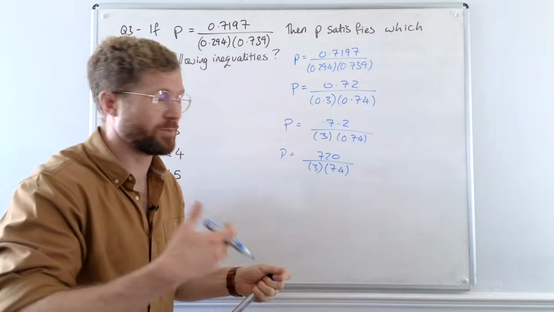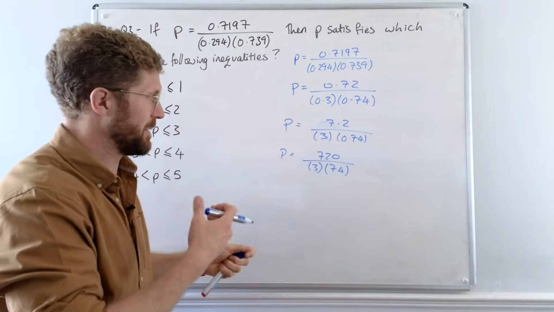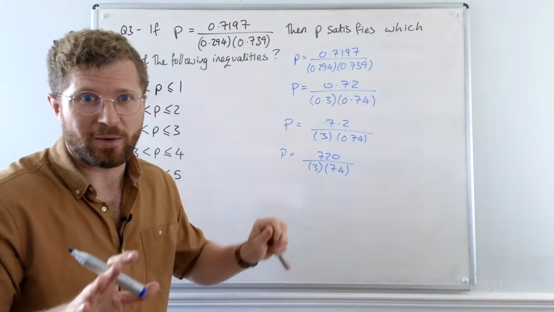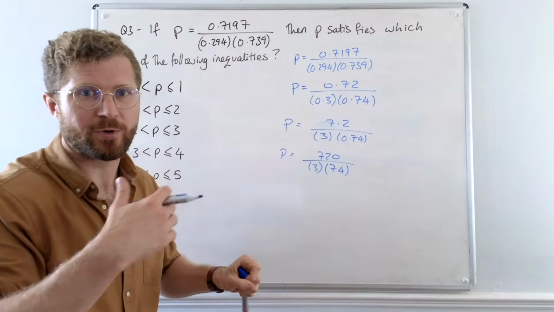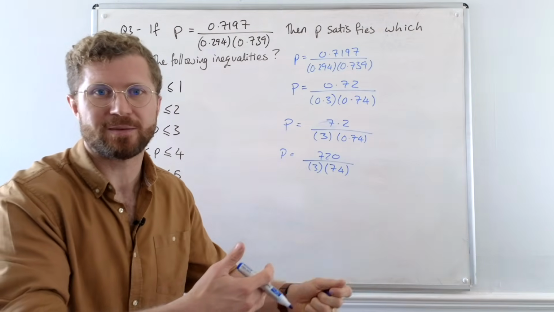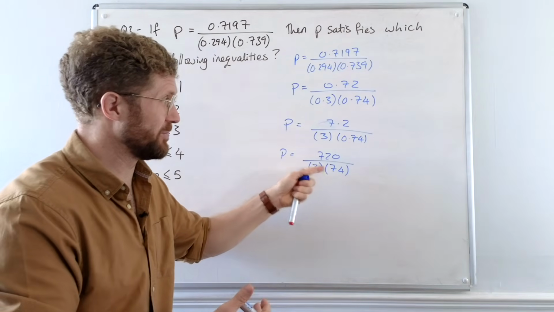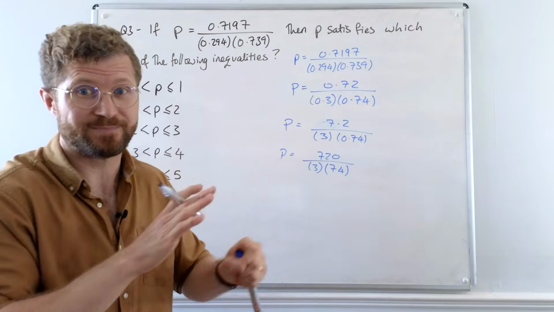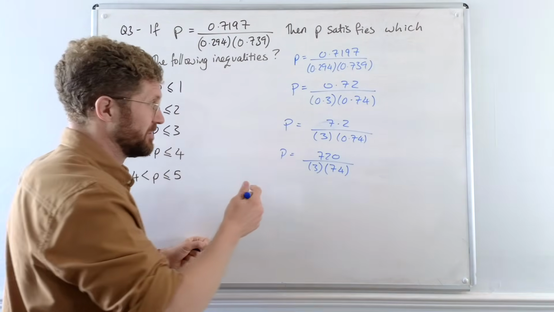And now our next job, we're just going to simplify this step by step. There's loads of different ways of doing this, different orders, however you want to do it, totally fine. But what I would say is try and make these steps as small as possible. I don't really want to try and do long division of 720 over 74. It's going to take forever. It's going to be awful.